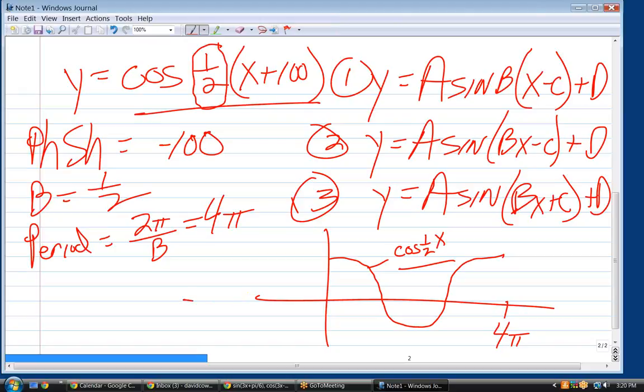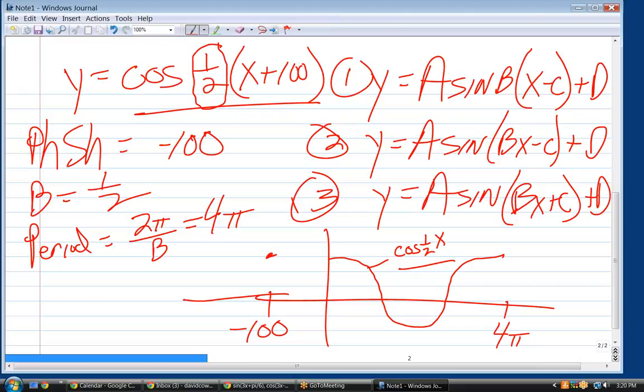So that's all I do, is I go to minus 100 on the horizontal axis, and I start my curve here instead of at the origin. And I'm going to go out 4 pi.